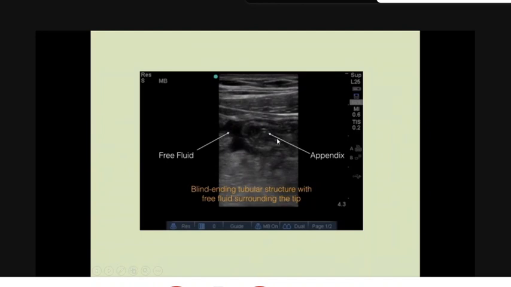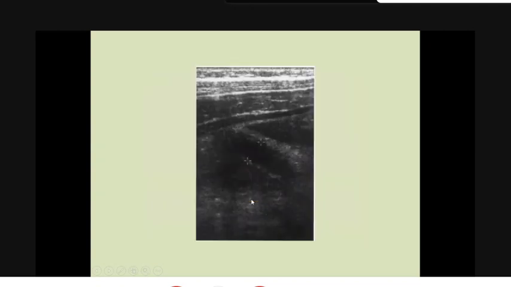You can see this is the appendix. This is the thick wall of the appendix, and this is a free fluid. This is a blind ending tubular structure with the free fluid surrounding the tip. And also this is a blind ending tubular structure indicating the appendix.